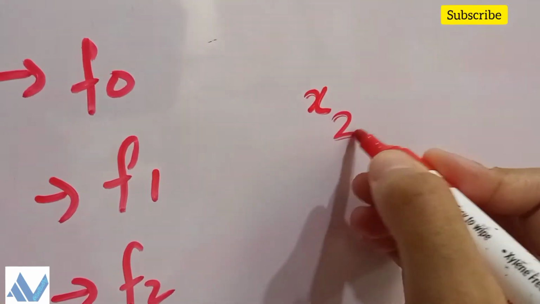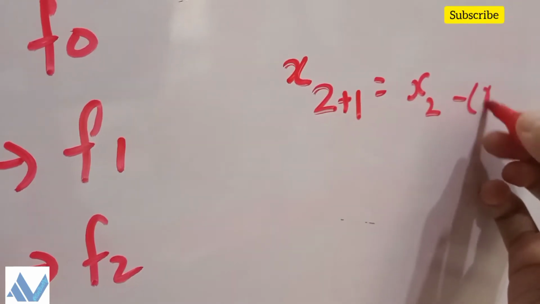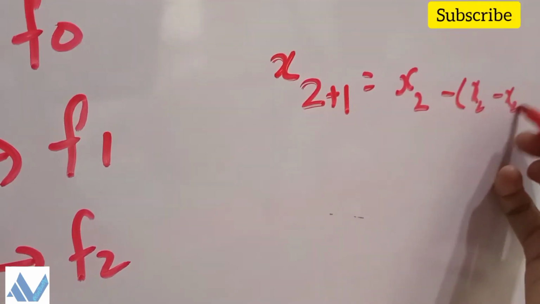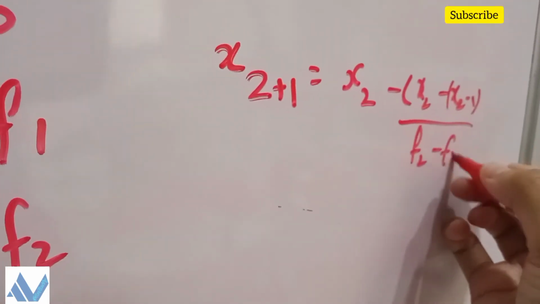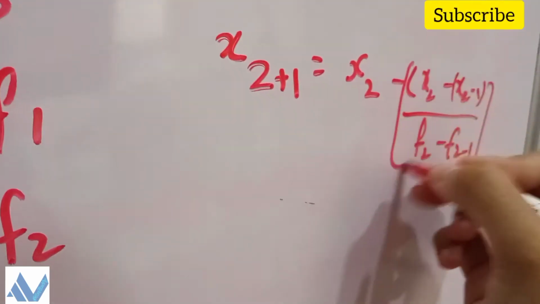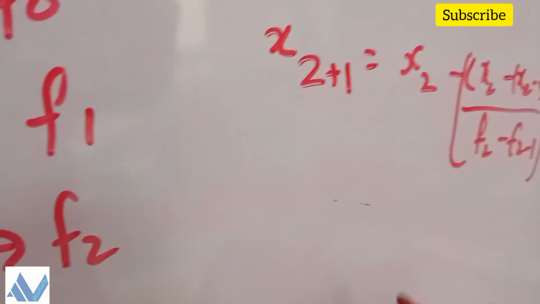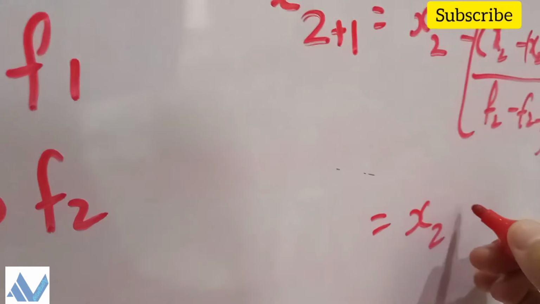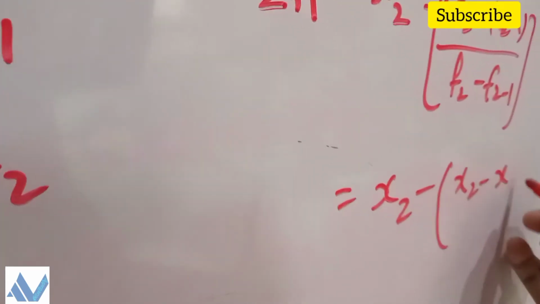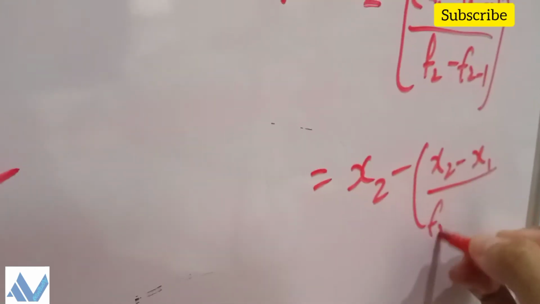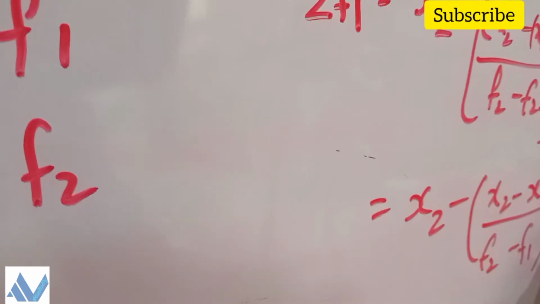So by the formula, x2 plus 1 is equal to x2 minus (x2 minus x1) by (f2 minus f1) into f2.